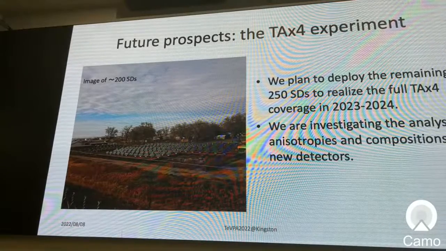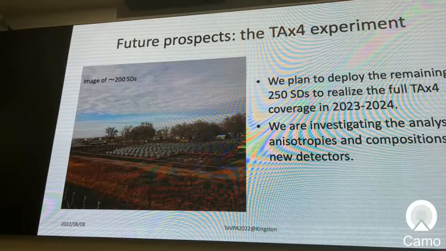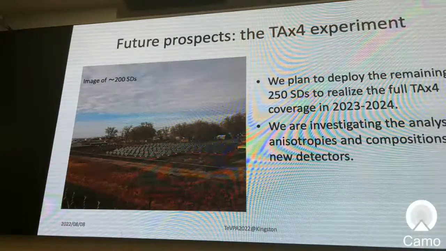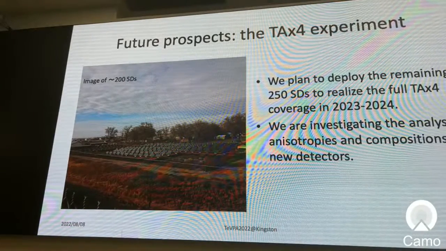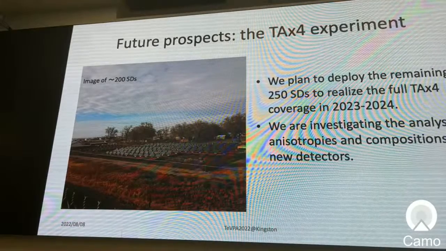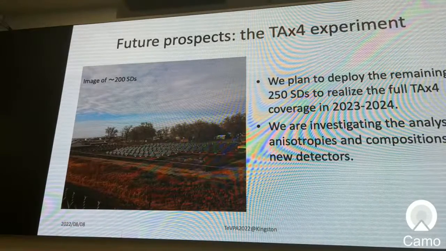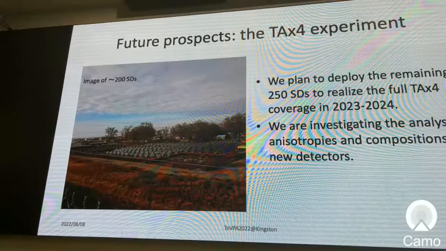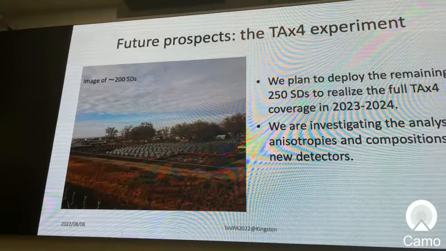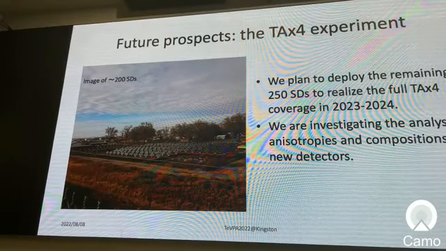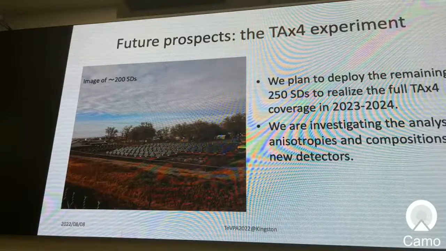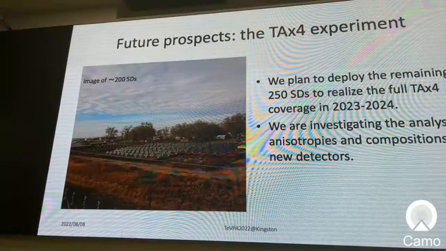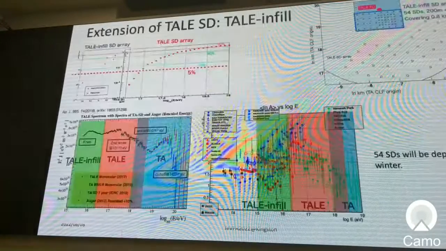And this is a future prospect of the TAx4 experiment. We already finished half of the TAx4 SD, but still half of them are remaining. So we are planning to construct the rest of the SDs next year. And we are now also investigating the analysis for anisotropy and composition with the new TAx4 detectors.